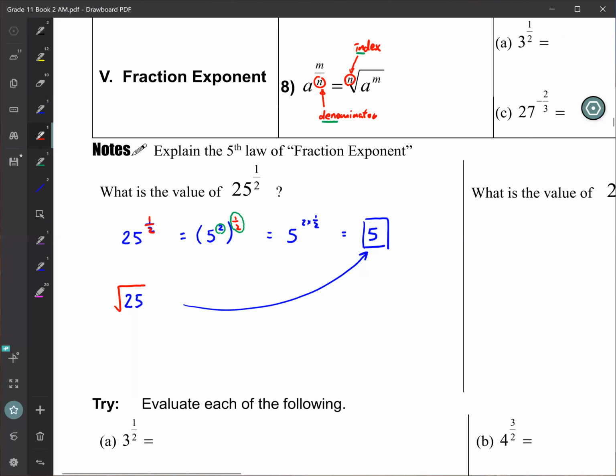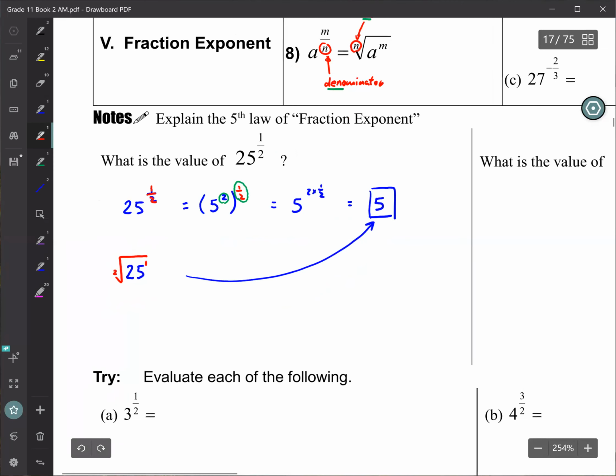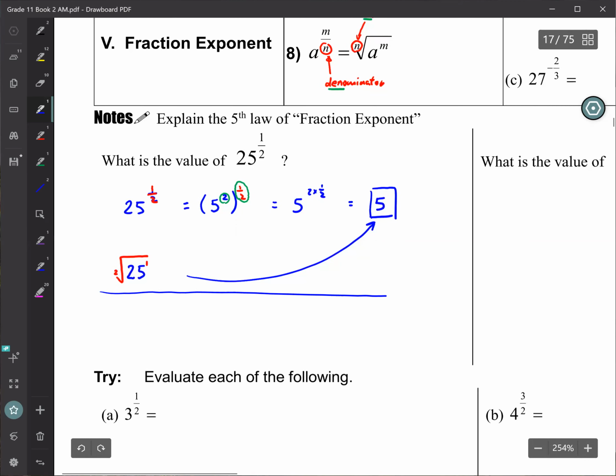So the square root is the same as 1/2: having a 2 on the outside, and the 1 in the numerator is the same as the 1 on the inside. So that's what it means. Let's try another one.